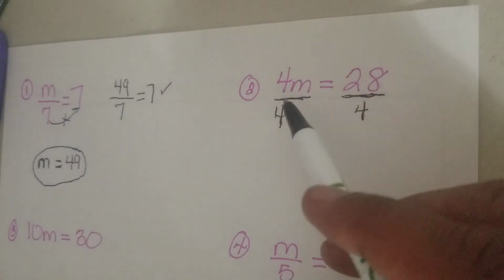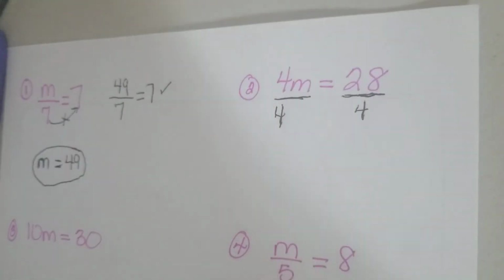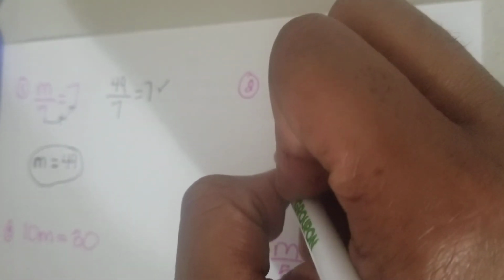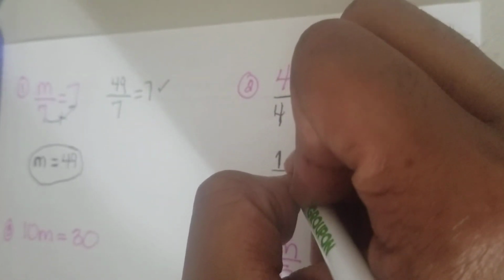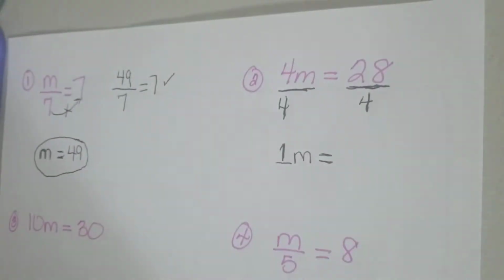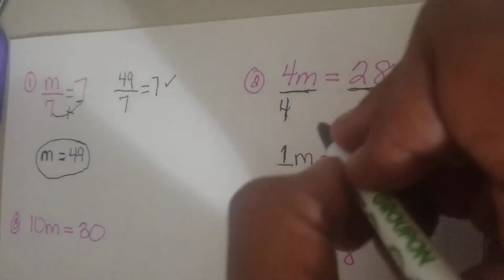So you can see here, 4m divided by 4. I have the 4's lined up because a number divided by itself will give us 1. So I can say 1, and I'm going to bring down my m. 1m equals, and then 28 divided by 4, which gives us 7.